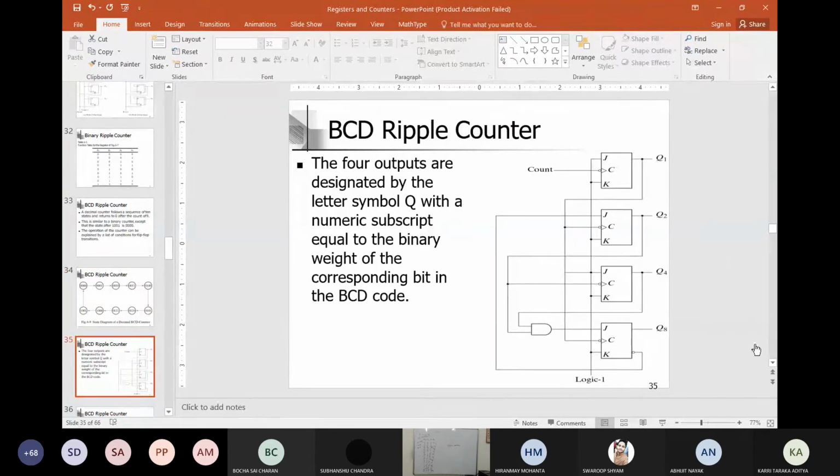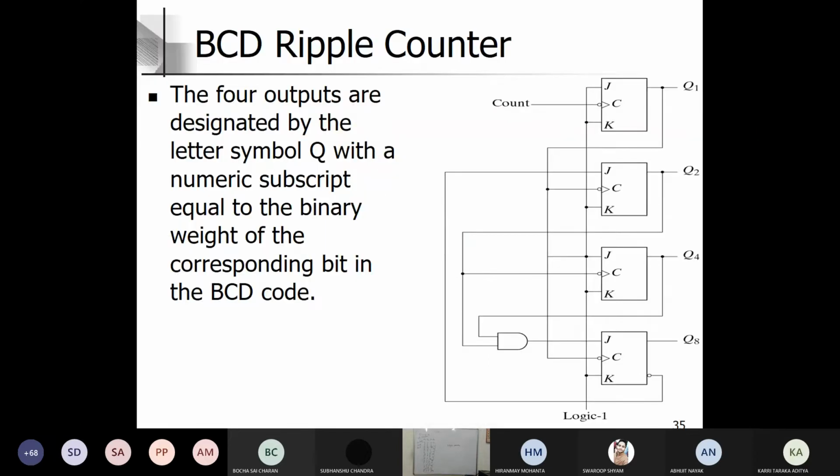Just check out, is this circuit what we have designed the same one? Like you can check out Q1, Q2, Q4 and Q8. That means 8421 code, according to the weights we have been provided. Is this doing the same?